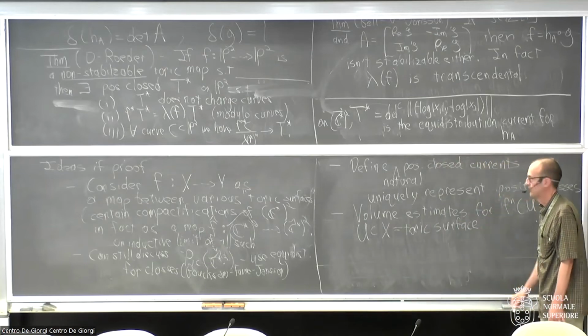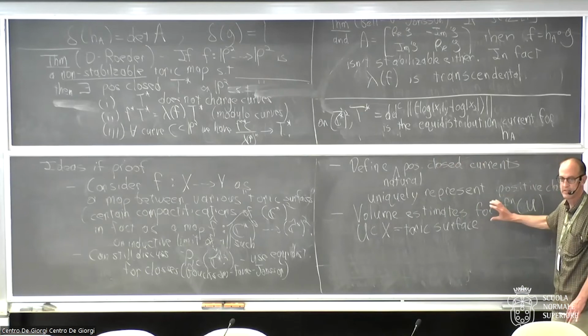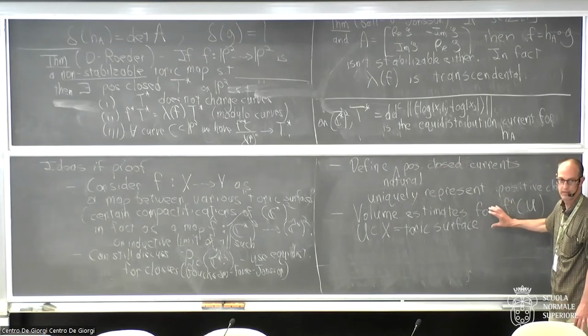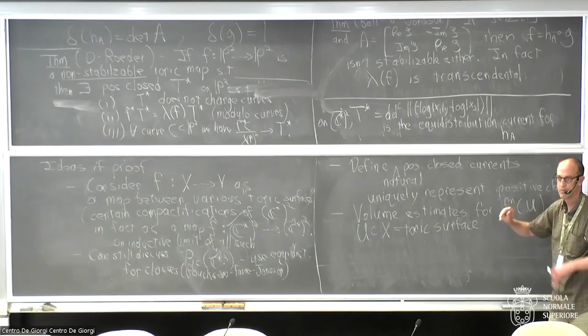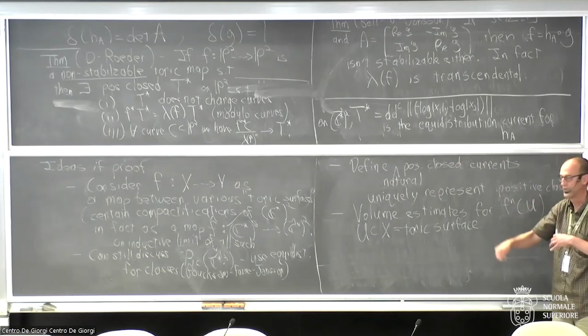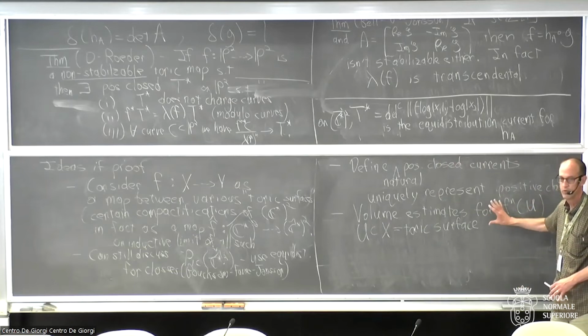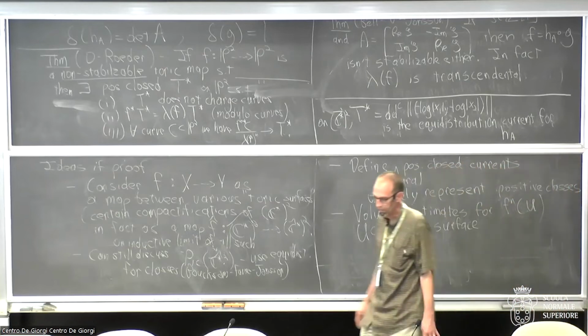And it's in this last place where you really, really use the fact that the map is not stabilizable. So something or other turns into an irrational rotation, and it really helps smooth your way when you do the volume estimates here.